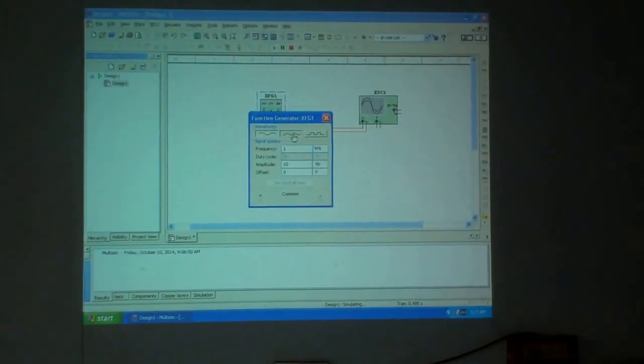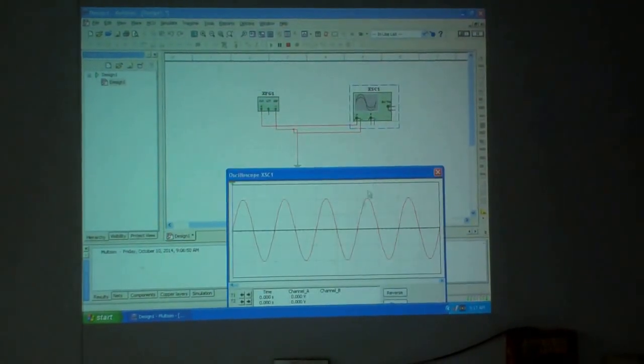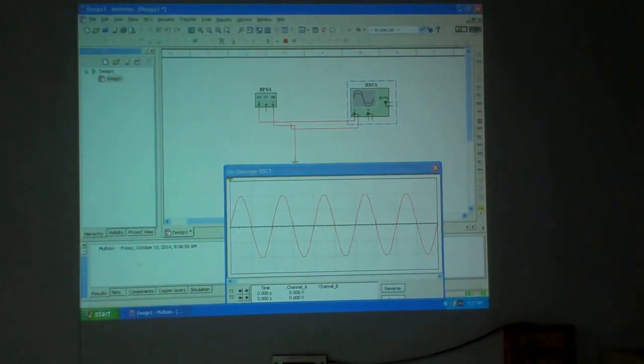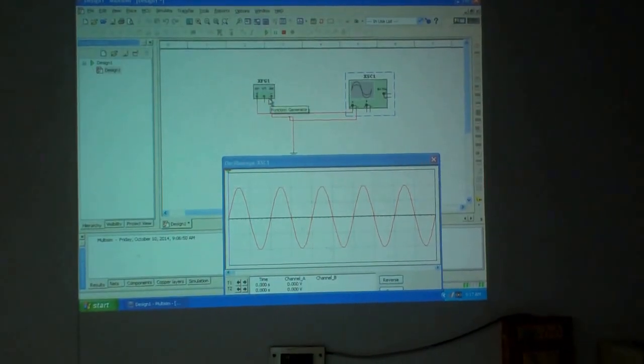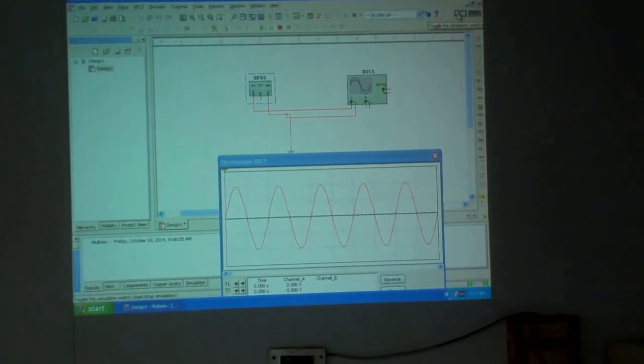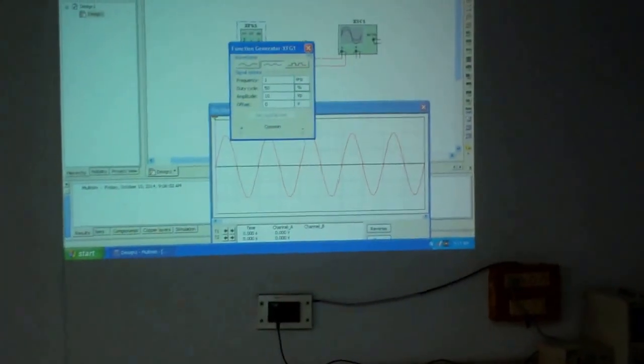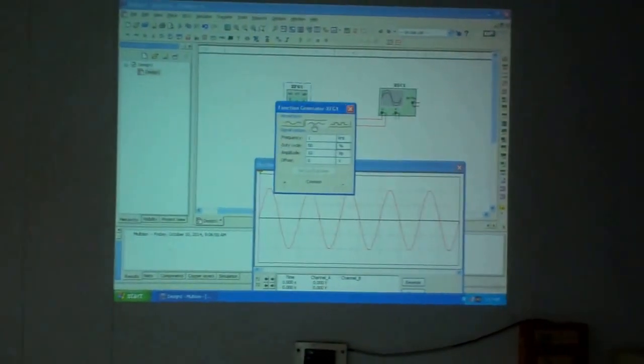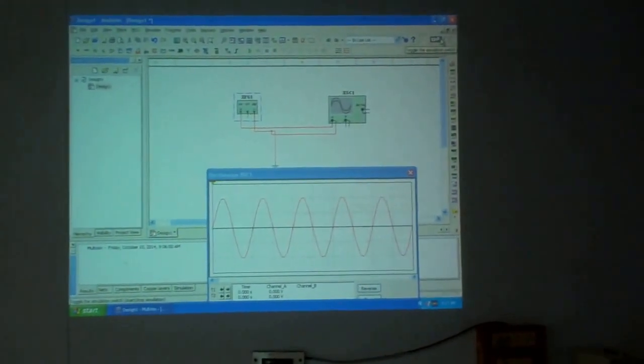And if you choose this square wave, this is the simulation in progress, you will stop this. Click on this, choose square wave, again simulate.